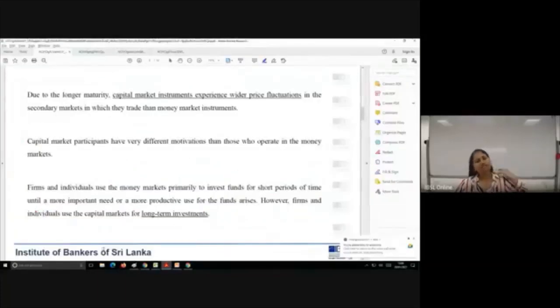Capital market participants have very different motivation than those who operate in money markets. Firms and individuals use money markets primarily to invest funds for a shorter period.